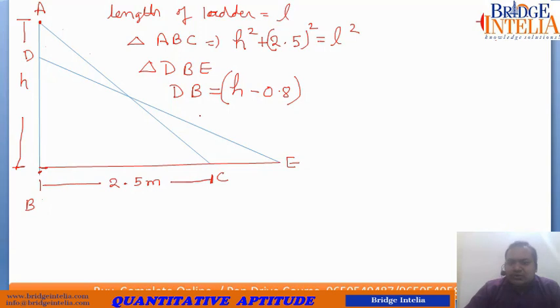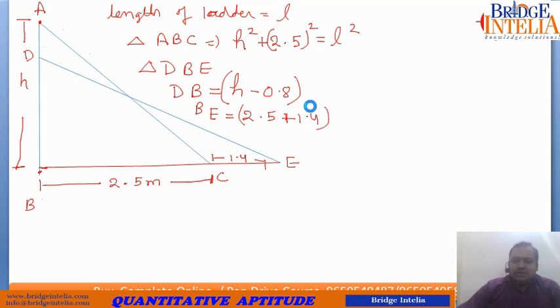Similarly, BE will be equal to 2.5 meters plus 1.4. Why? Because of this slipping, the ladder has moved further away from the foot of the wall. So this total length is 2.5 plus 1.4.